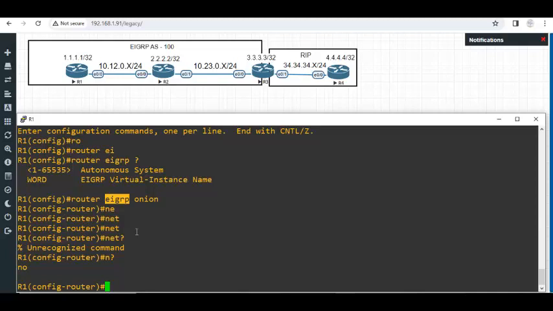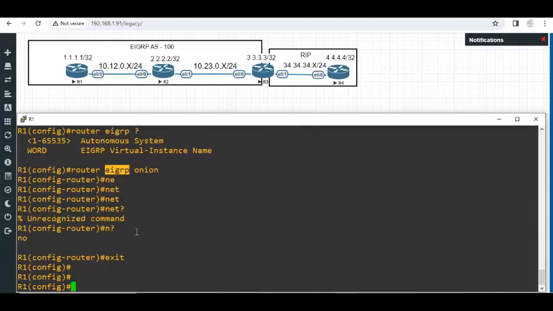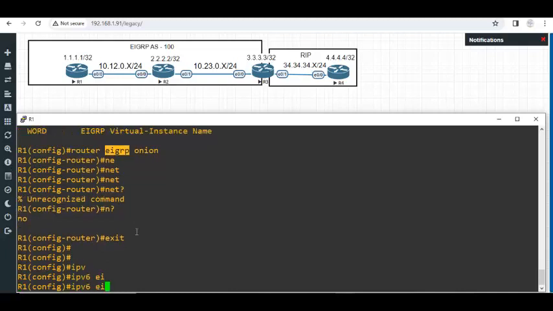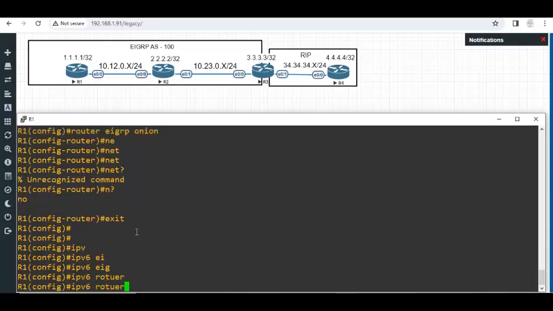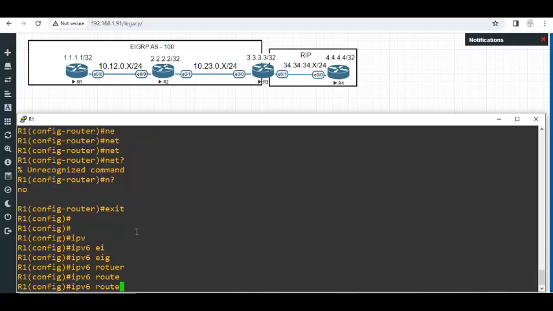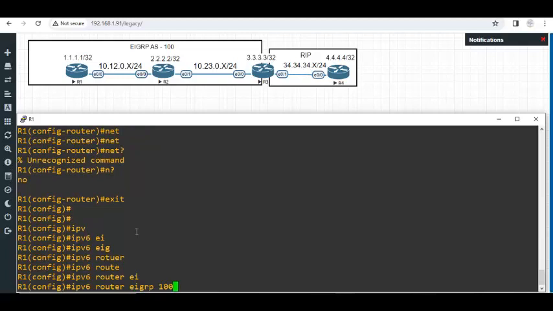See, if you don't use a name, then if you're using IPv6, you will say IPv6 router EIGRP 100. If it is IPv4, you will simply say router EIGRP 100.